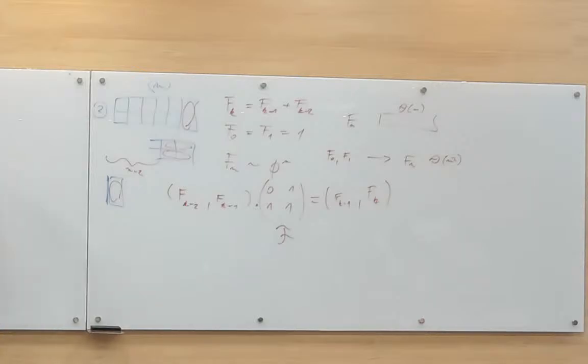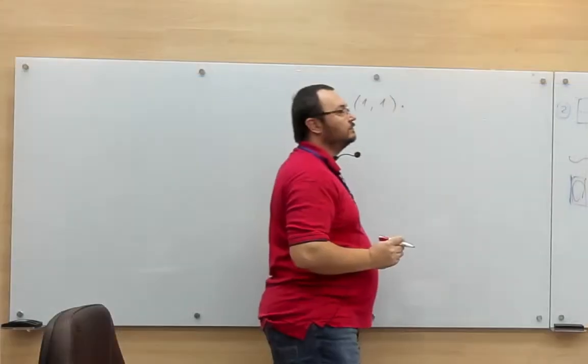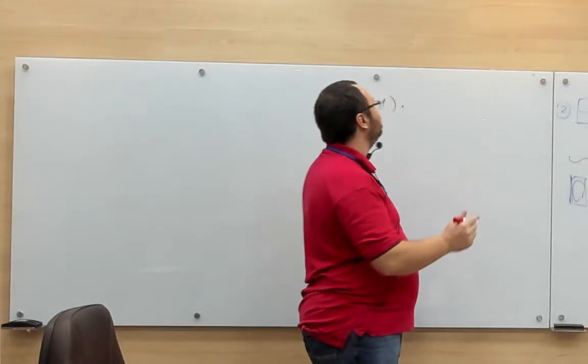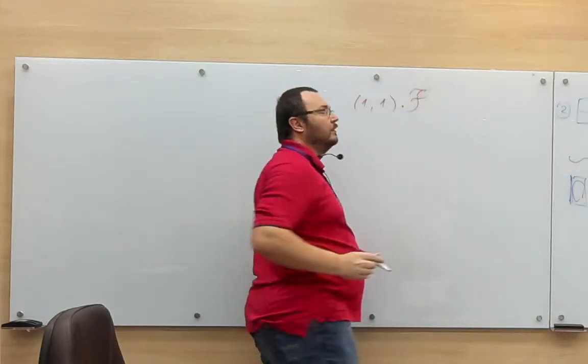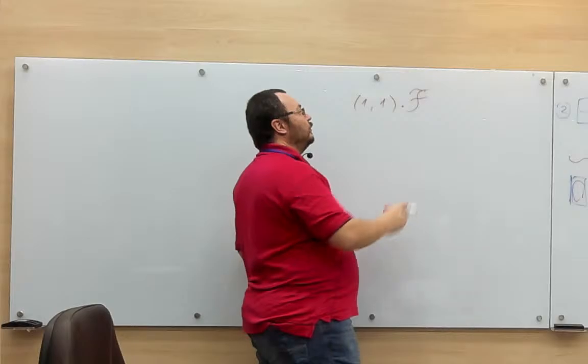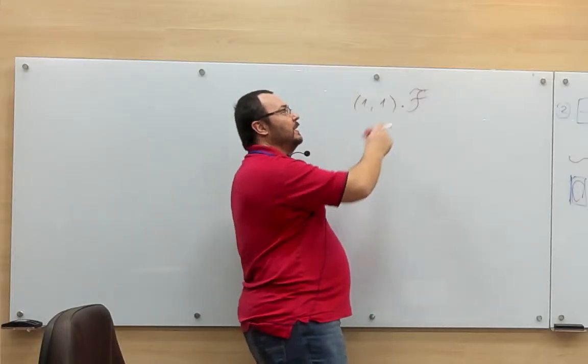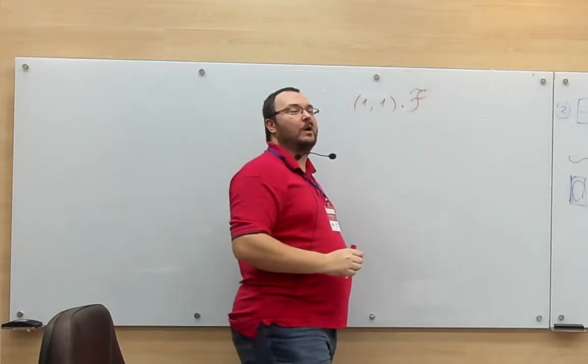And now what this is telling us is that we will start from the initial conditions, 1, 1, and multiply this by the fancy matrix F. We will get 1, 2. If we multiply it by the fancy matrix F again, we will get 2 and 3.